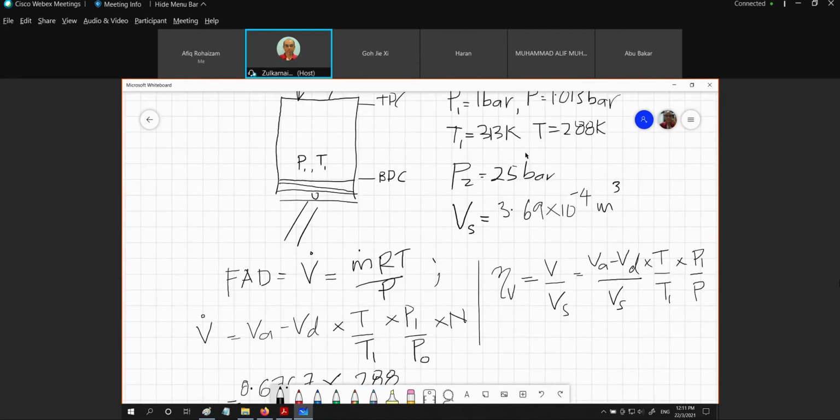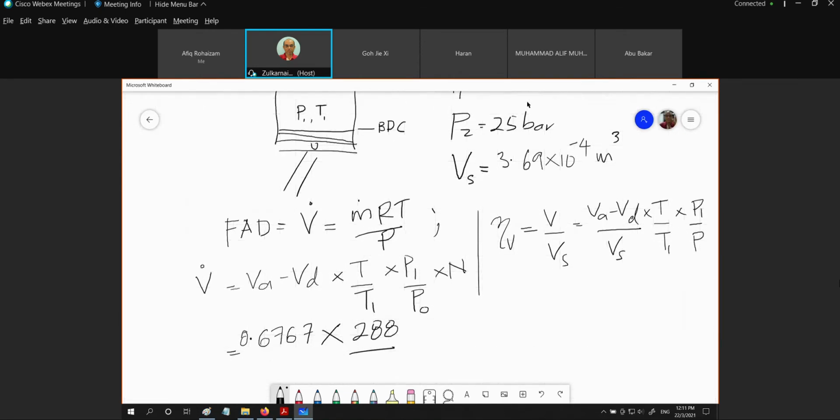T1 kita adalah 313. Sir, yang VA VD tu untuk yang ada Vs ke yang tak ada Vs? Yang 0.6767 ni ada Vs belakang dia.